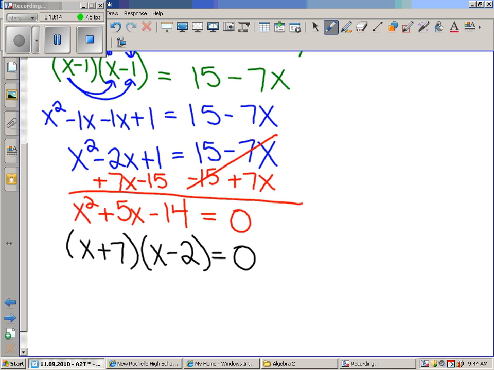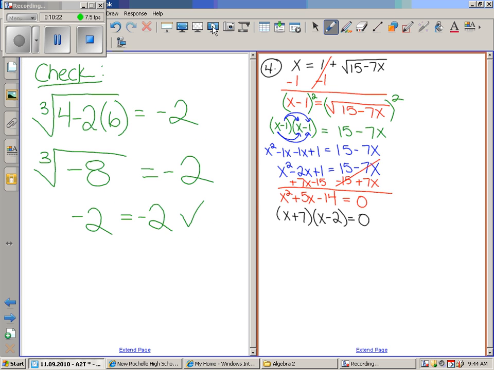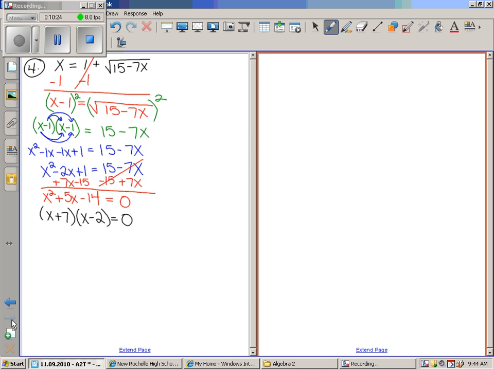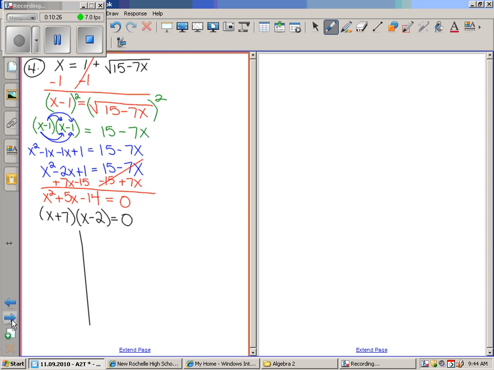Factoring. Find two numbers. I found two numbers that multiplied to be negative 14, and they added up to be positive 5. And once you factor and set it equal to 0, then we're going to solve this particular equation. X minus 2 equals 0. Add 2, add 2. So one possible answer is that x could equal 2.